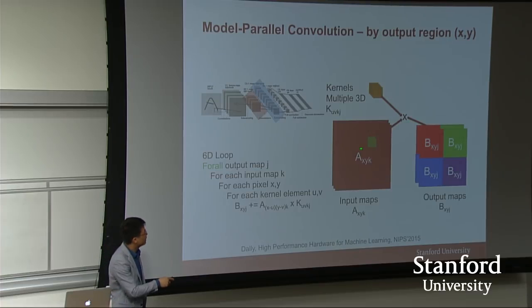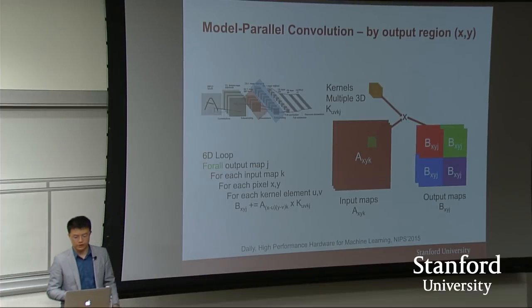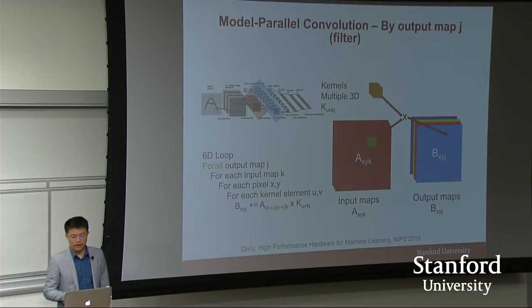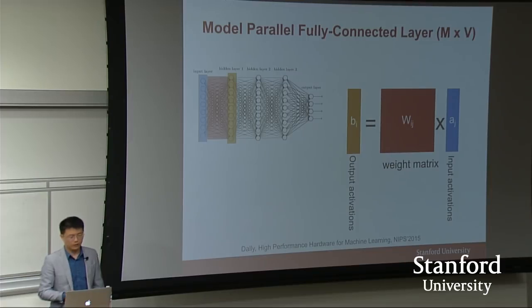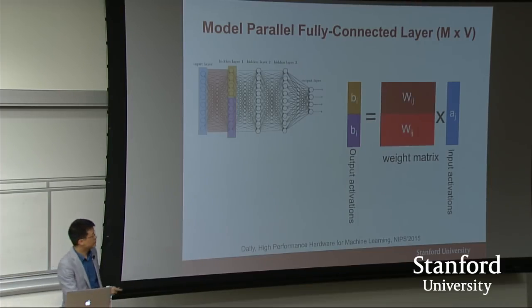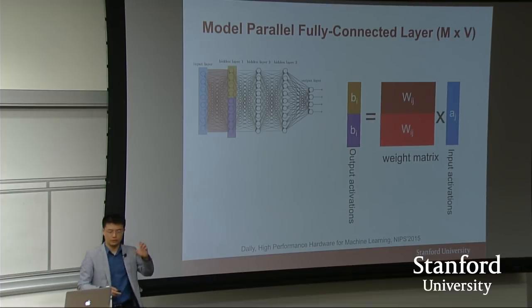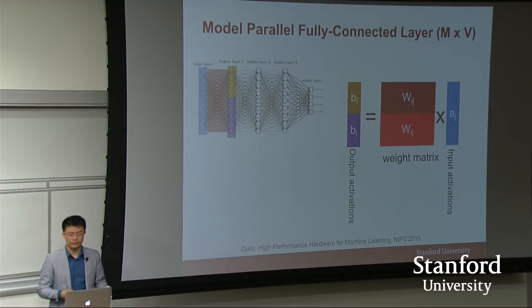Although there is a small halo in between, you have to take care of. And also, you can parallelize by the output or input feature map. And for those fully connected layers, how do we parallelize the model? It's even simpler. You can cut the model in half and hand it to different threads.